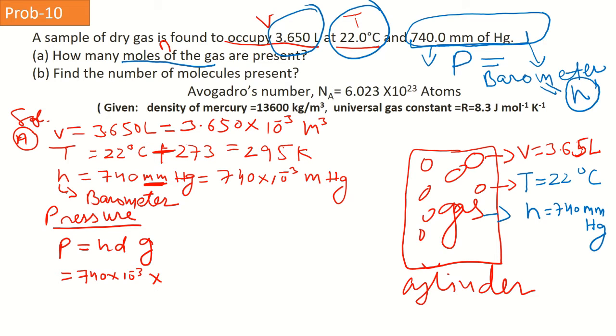The density of the mercury is given here, so I can take this value from the given data, which is already mentioned in the question. The value of D is 13,600, and the value of G is 9.8 meter per second square.